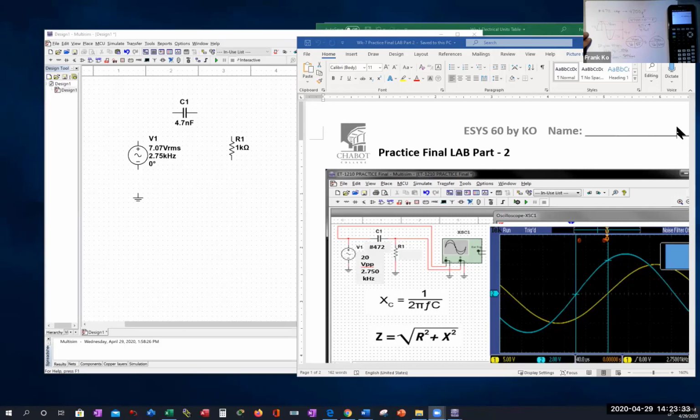In the share screen, our directives were given as 20 volts peak to peak at 2.75 kilohertz. So MultiSIM asks for the value in RMS. So I punch in 7.07 volts RMS, which is the same as 10 volts peak, which is the same as 20 volts peak to peak. So this voltage source on this paper is the same as this voltage source in MultiSIM. The frequency is the same and the amplitude is the same.